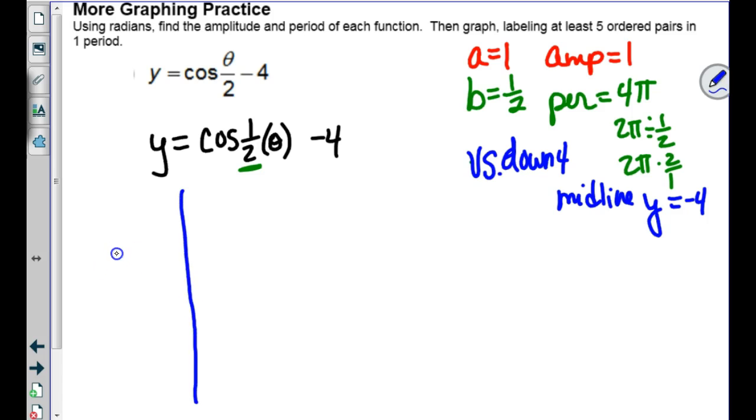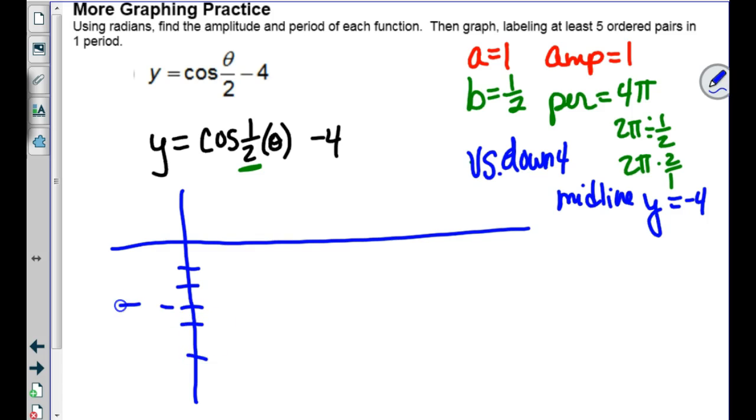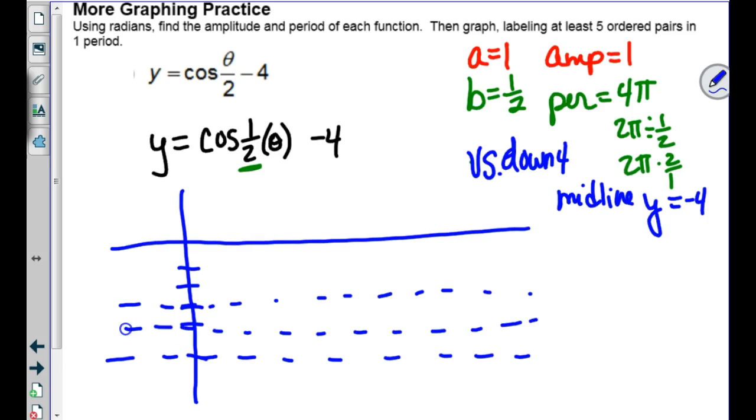All right, let's see how badly Hofbauer can draw this one. 1, 2, 3, 4, and it's only going 1 above and below that. Okay. So there's my midline at y equals -4. 1 above and below would be -3 and -5, right? What's the other thing I need to be aware of? That the shape of a cosine graph is what? Yeah, it starts at the maximum and goes down.